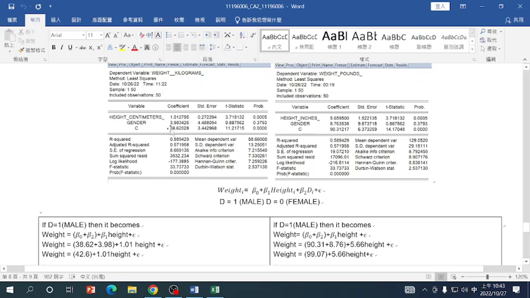Then there will be an increase in height of 1 cm. Since I'm already holding gender constant, how can you explain the coefficient of the gender? When you say holding gender variable as a constant, then you can explain the coefficient of the height. So there will be an increase of 1.01. Say it again.